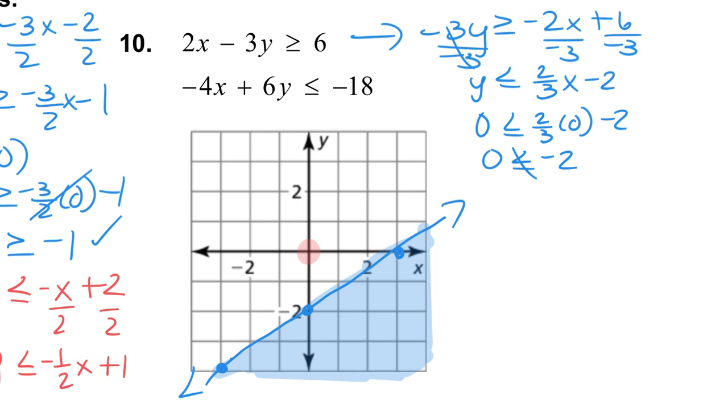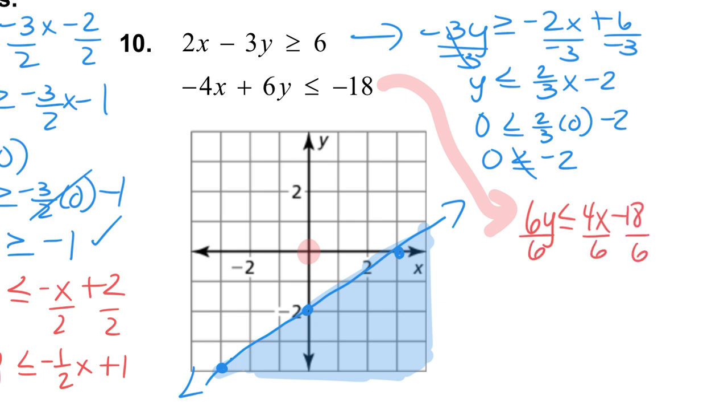Inequality 2, I'm going to have 6y is less than or equal to 4x minus 18. Divide by 6 on all sides, I'm left with y is less than or equal to 2/3.